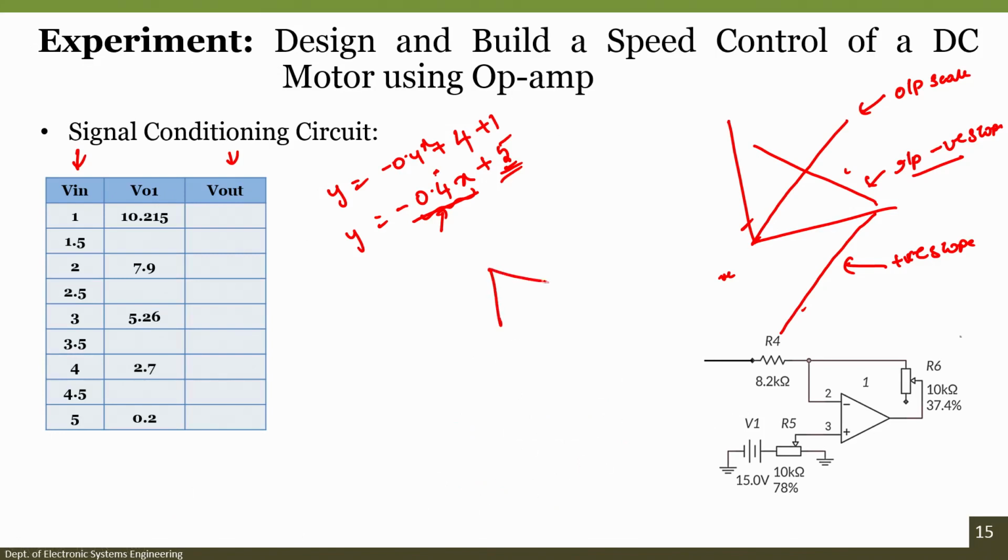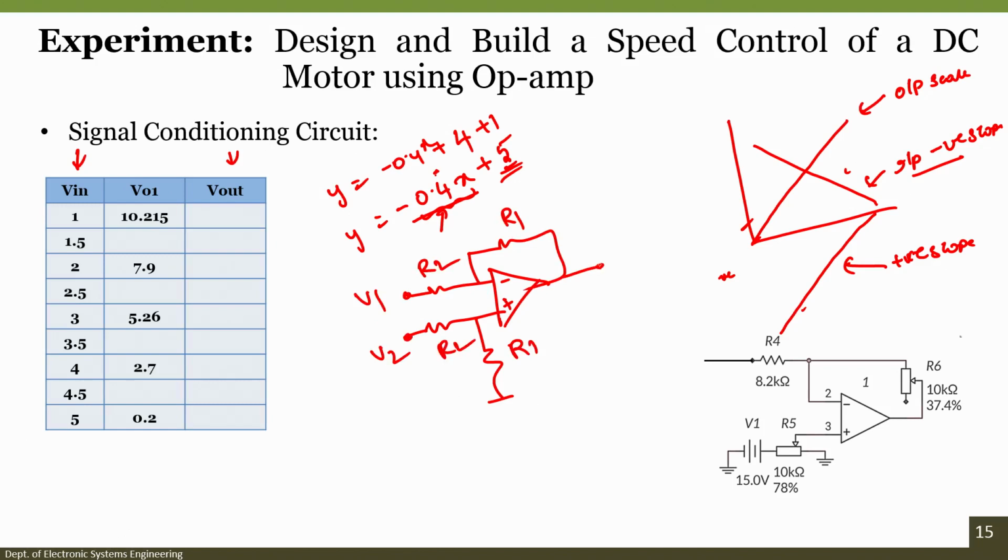So, if you recall our difference amplifier, say this is V1, this is V2, R1, R2, R1, R2. The output voltage, we know, is nothing but R2 by R1 into V2 minus V1.